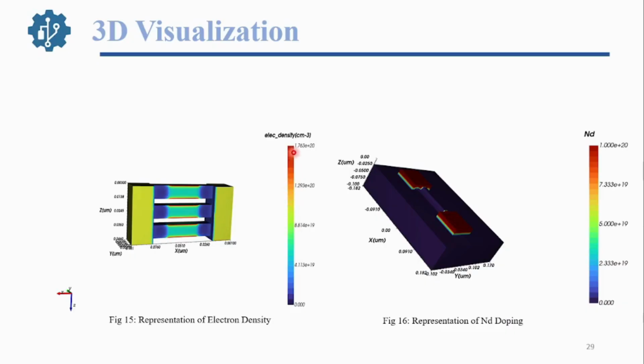The maximum electron density is 1.76e20, shown in red. Same here, this is the doping at the source and drain, in a FinFET structure. The middle one is the channel, this one is the source, and this one is the drain. The high concentration of donor doping is 1e20. With depth, this doping reduces and the color changes.